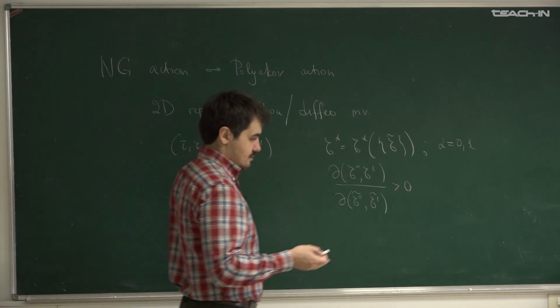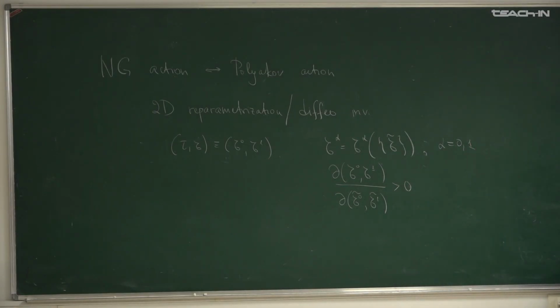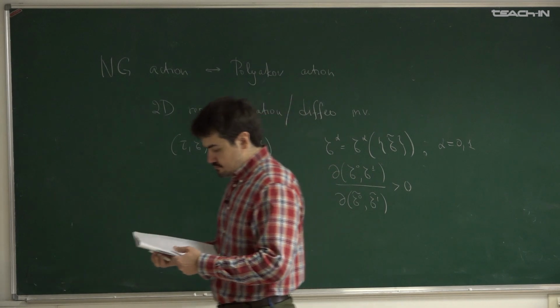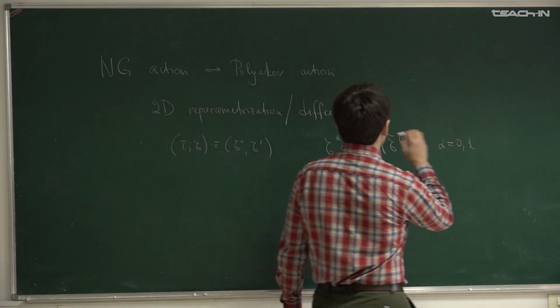We're mostly interested in the Cauchy problem, right? Like we have some curve that's evolving in time, sweeping the minimal surface or extremal surface and so on. So I would like to fix the gauge for this invariance.